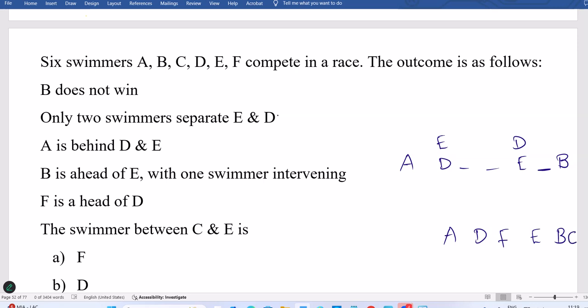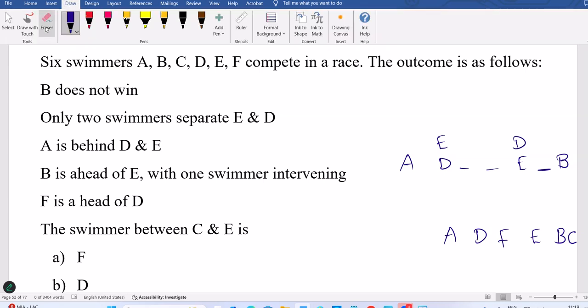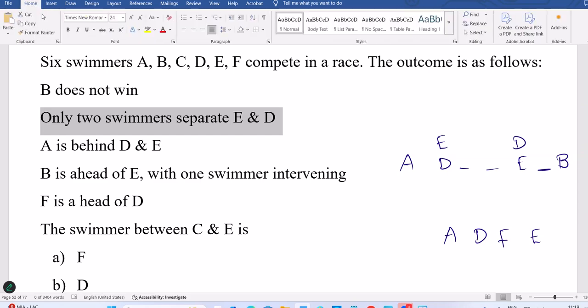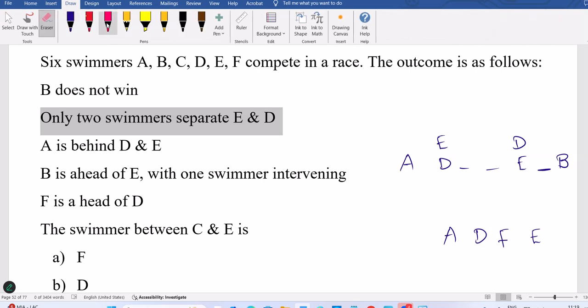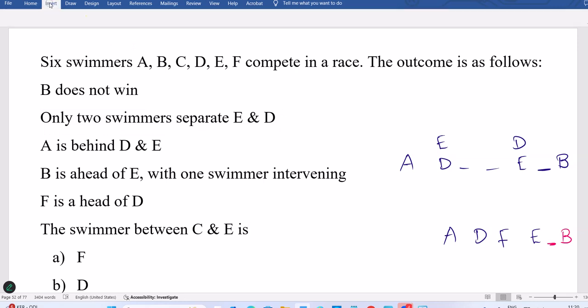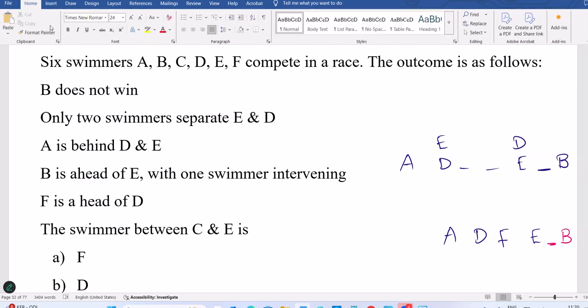Fine, how many people are there? B is ahead of E with one person intervening. Let's ignore the statement about two people between and check. B is ahead of E, with one swimmer in between. F is ahead of D, right?